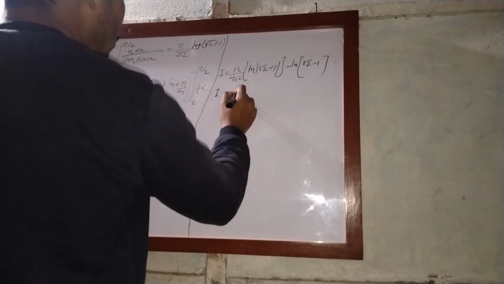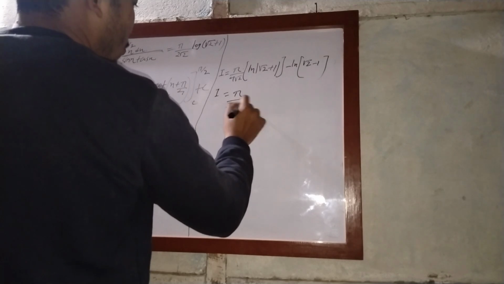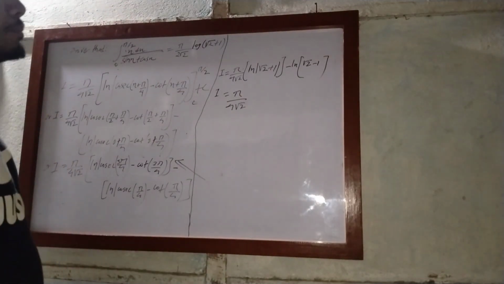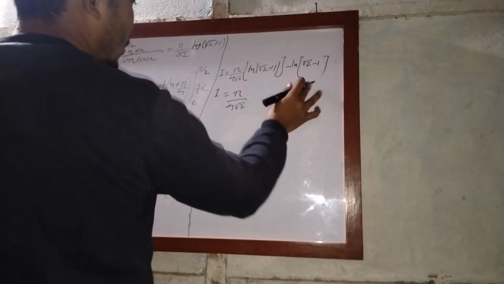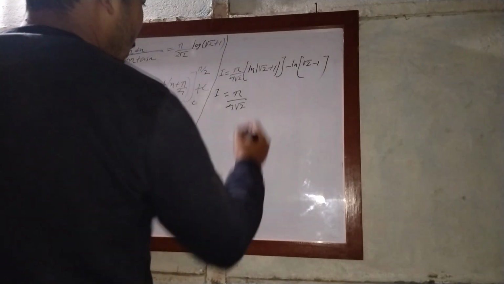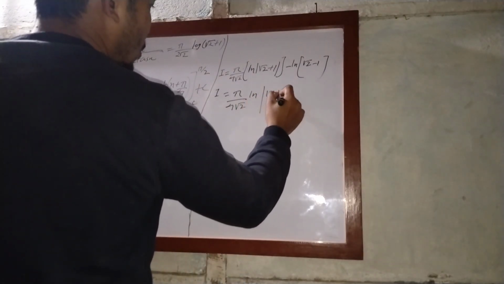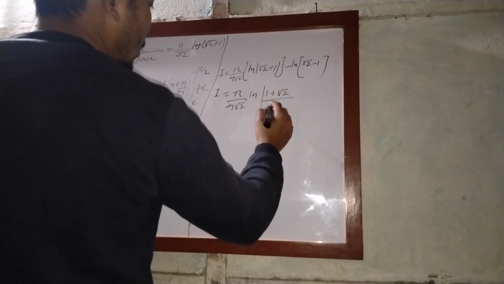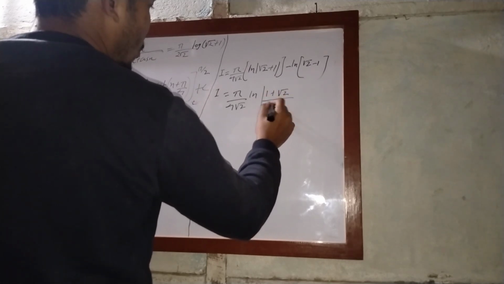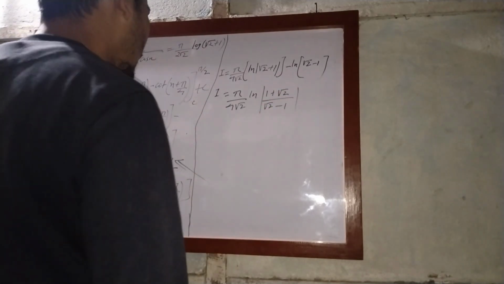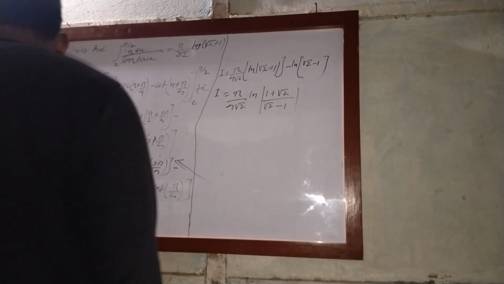Now I is equal to pi by 4 root 2. Now this goes on log a by b, that's ln of (1 plus root 2) by (root 2 minus 1).